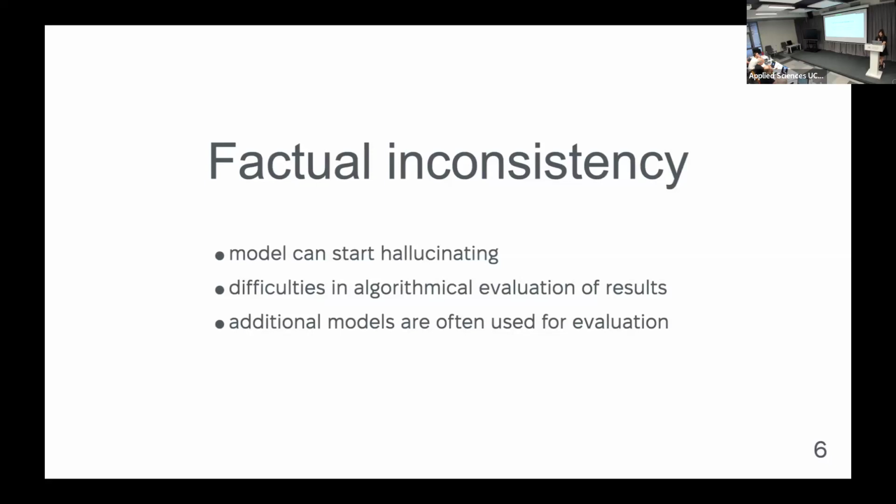However, it is very difficult to find, and in recent years a lot of research was made on improving the quality of text summarization and on reducing the amount of factual inconsistencies.